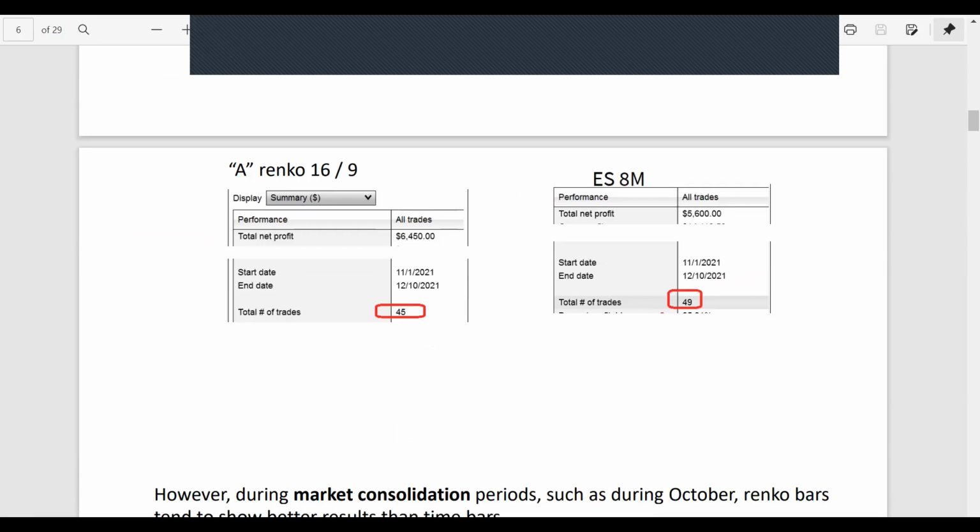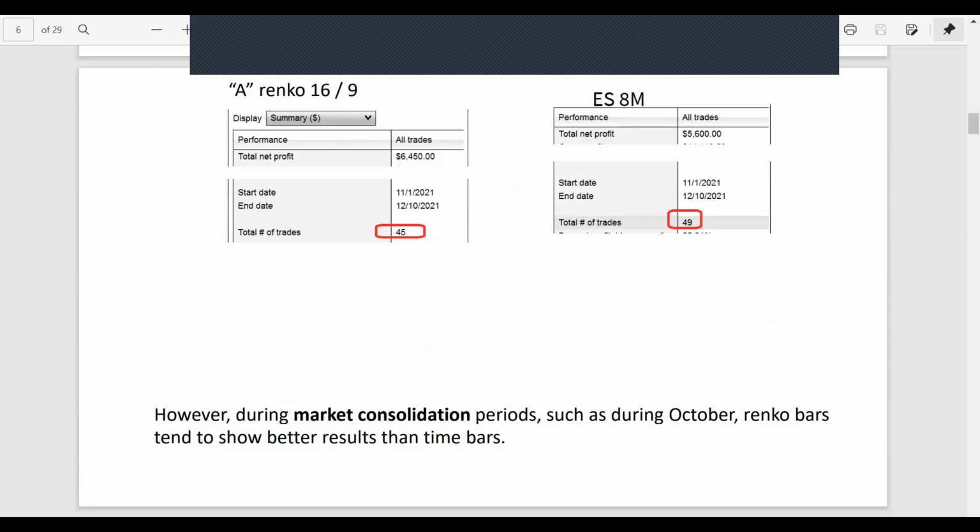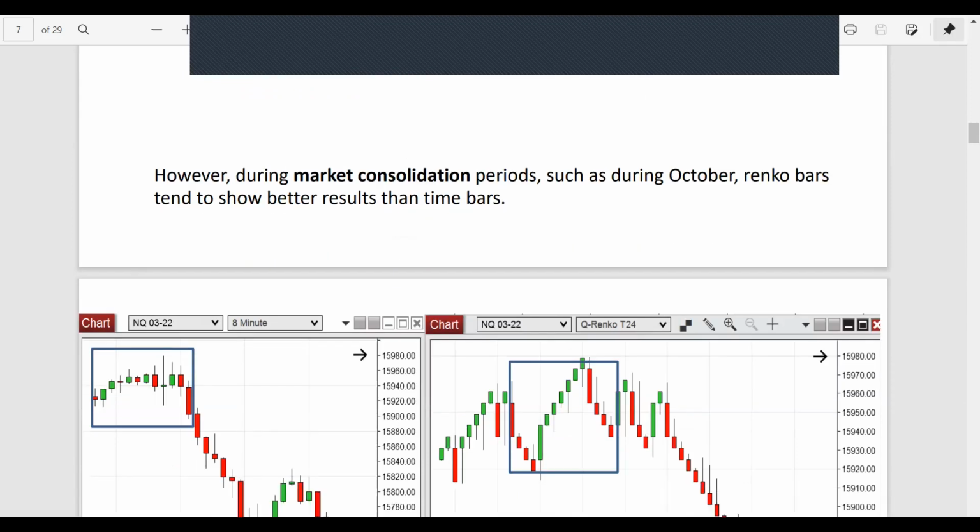So an acceptable comparison, there was not a huge outperformance here. However, during market consolidation periods like October, the same system using Renko Bars showed better results than time bars. Therefore, it's necessary to see the condition of the market before we can make a determination.